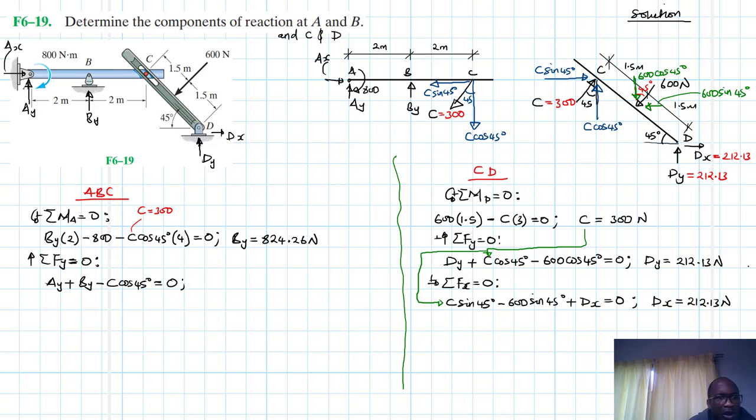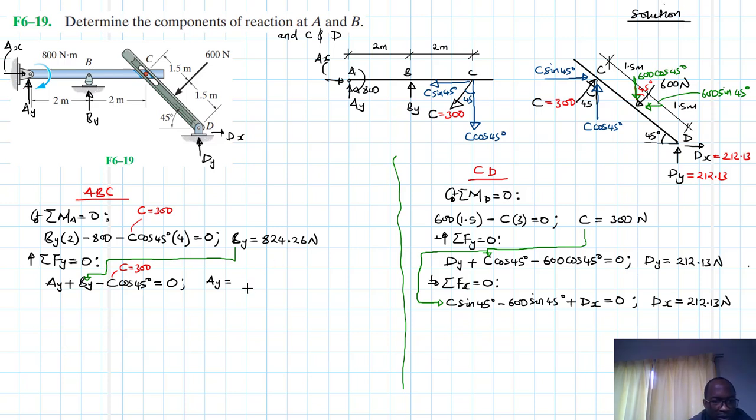Therefore, we know what C is. C is equal to 300. And then B, we already found what B is. We calculated it, so we just replace it there. Once we do so, we'll find that our AY is just going to be equal to 824.26 minus 300 cos 45.